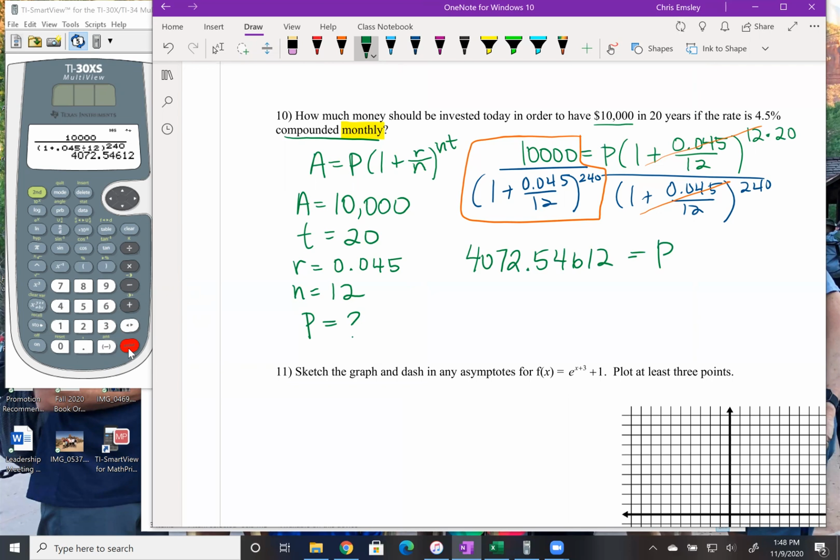If there are no rounding directions in the problem, if we're talking about money, we want to round to 2 decimal places because that would be showing dollars and cents. So if we want to round to 2 decimal places, we look what comes next and we see, yes, we do need to round up. So there's our final answer, our starting amount if we want to end up with $10,000 in 20 years.